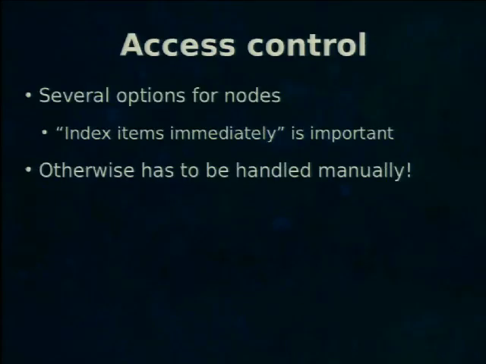The thing is that access control, since it's very specific for the distinct entity types and other types of data in Drupal 7, it's not possible to implement that in a generic way. So if you create a search with the Search API, usually you won't have access control built in, and you have to take care of that yourself.